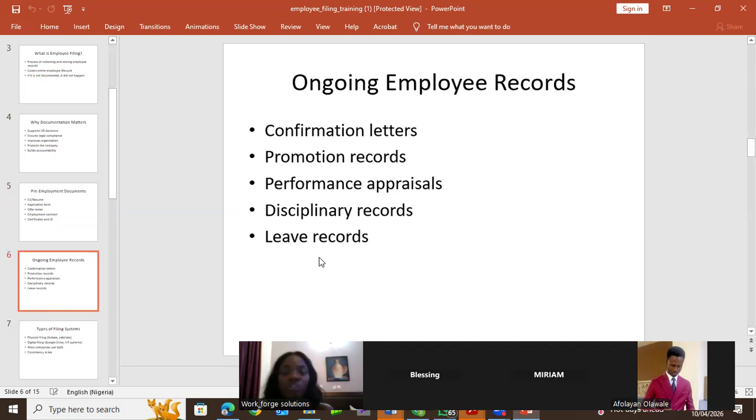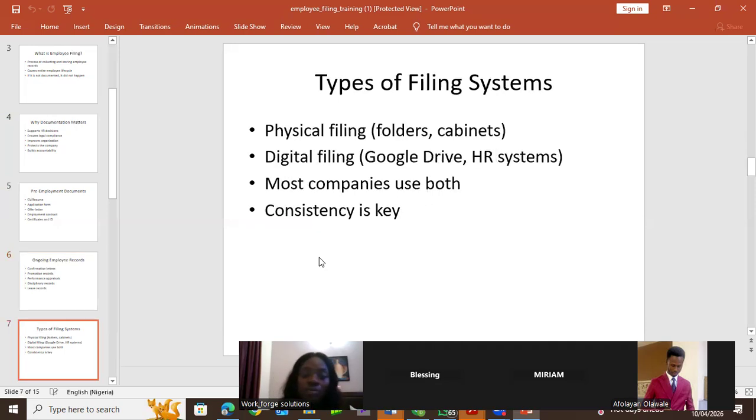Also disciplinary records. I've talked about queries. Leave record: the person has gone on leave. It took only 5 days, it's recorded. He has taken 10 days, he has taken 20 days, his leave for the year is over. Everything is recorded.